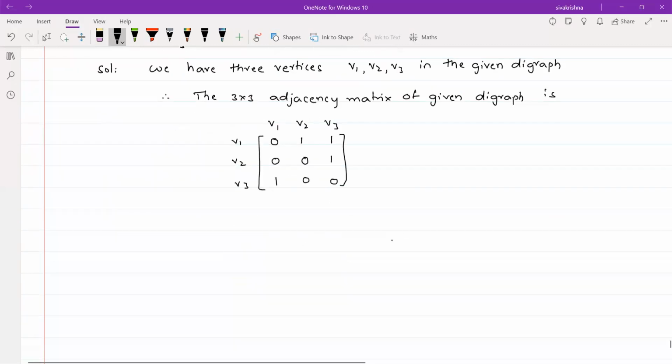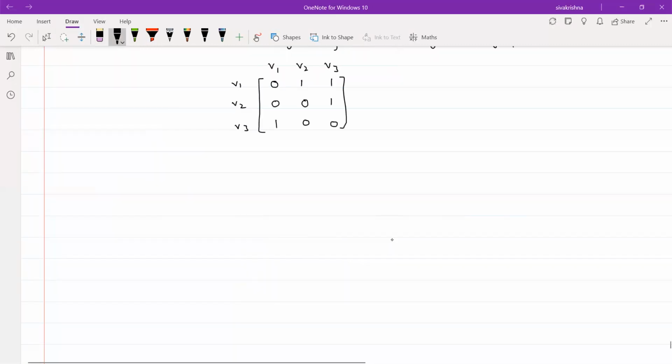Okay, one more example. So write down the vertices 1, 2, 3 and 4. They are the 4 vertices.